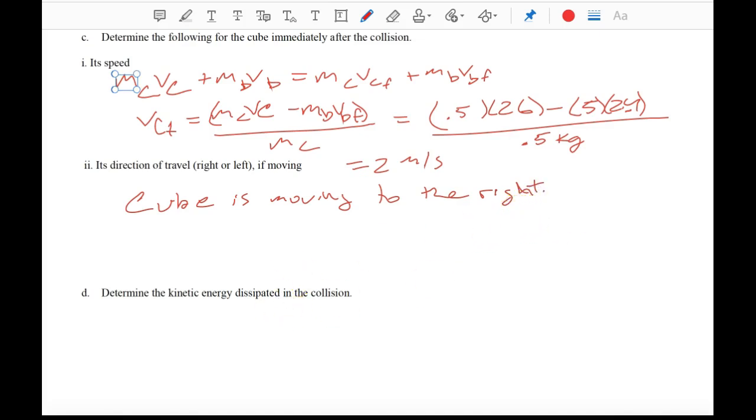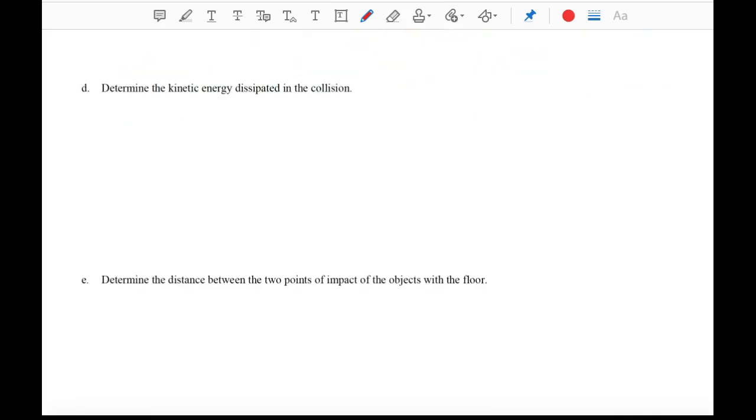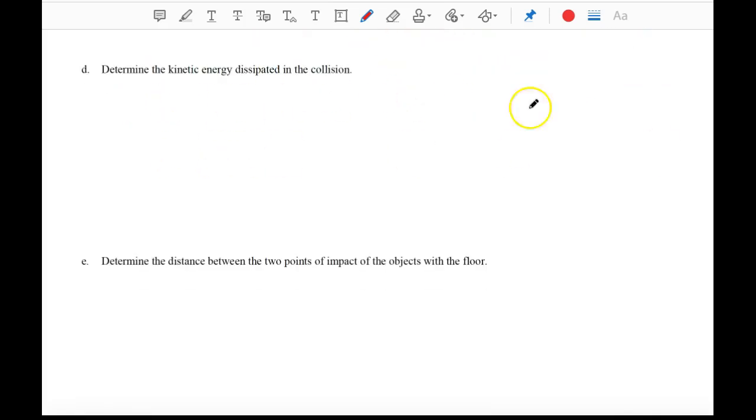And then the next thing that they want us to do is figure out the kinetic energy dissipated in the collision. Because it's not perfectly elastic, you're going to have some kinetic energy that comes off here. So the change in kinetic energy should be equal to the final kinetic energy of the cube plus the final kinetic energy of the ball, minus the original kinetic energy of the cube.